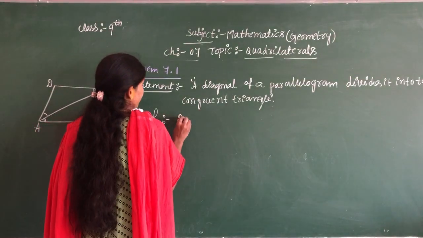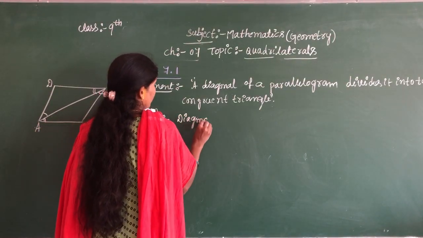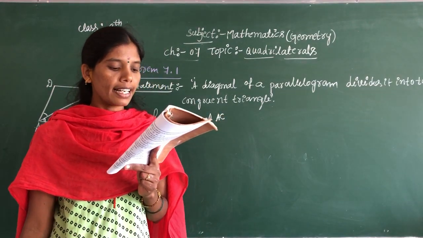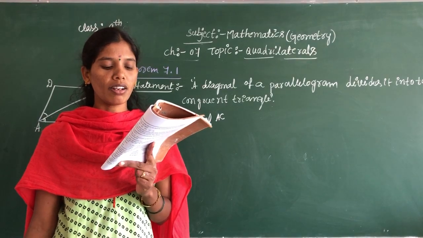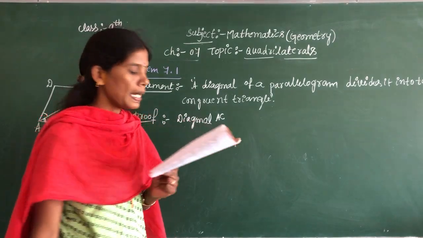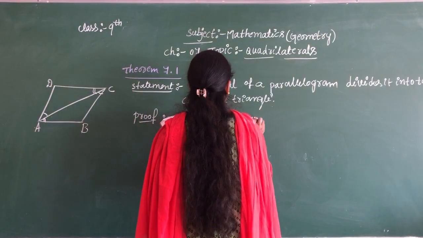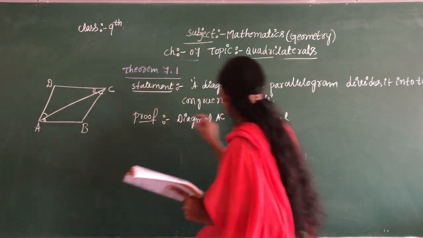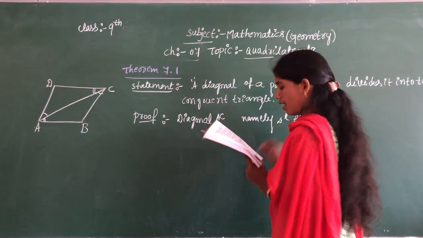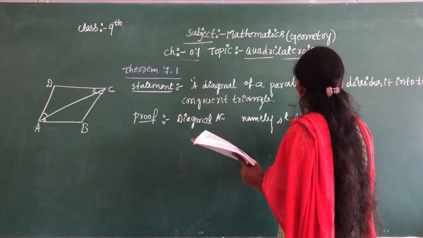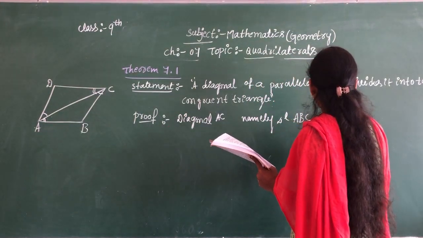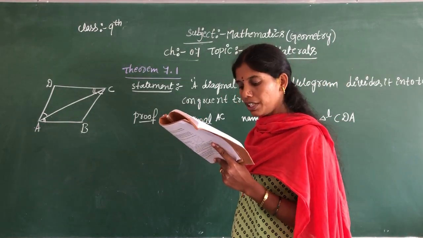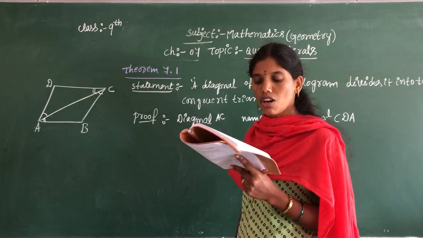Diagonal AC divides parallelogram ABCD into two triangles, namely triangle ABC and triangle CDA. We need to prove that these triangles are congruent.